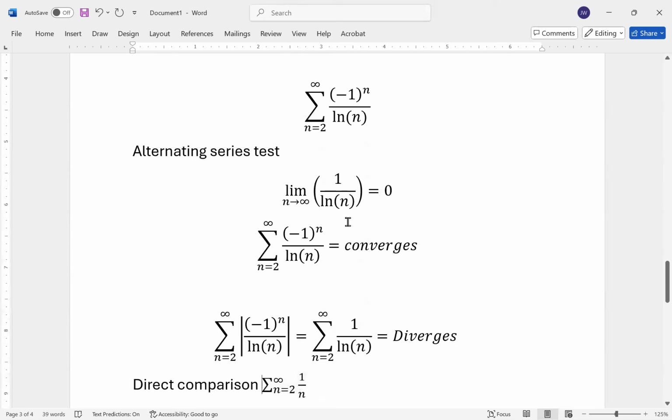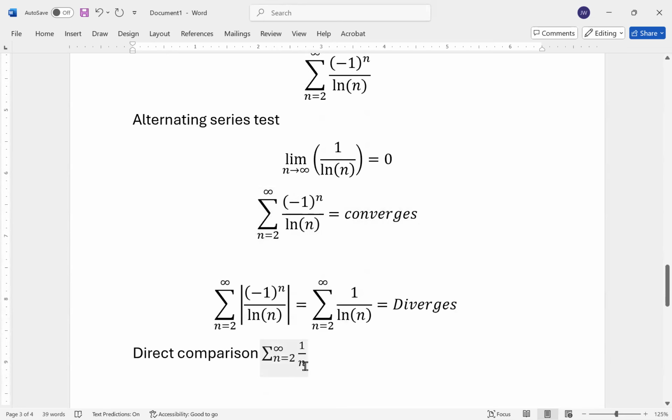If I do a direct comparison to 1 over n, 1 over n has smaller terms than 1 over the natural log of n. I know this one diverges. And so the one with the smaller terms diverges. That means the one with the bigger terms also diverges. Another way to see that is just to realize that the natural log of n is a really, really slow growth. So this fraction is going to go to 0 really slowly, even more slowly than 1 over n.